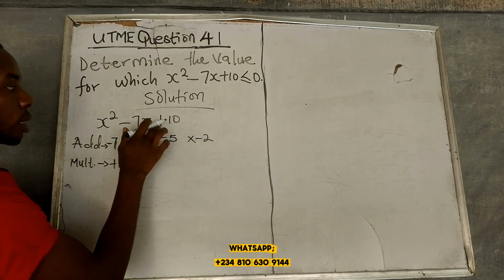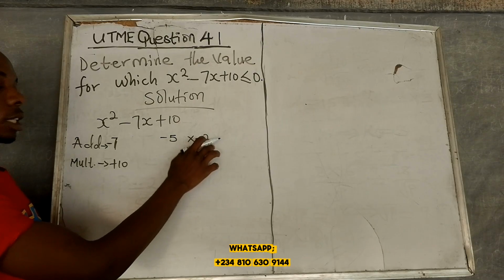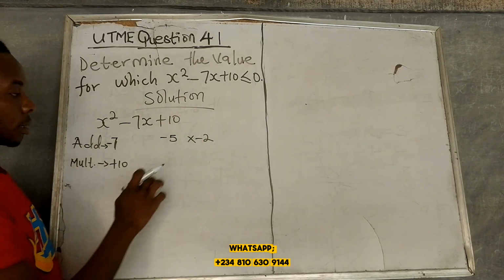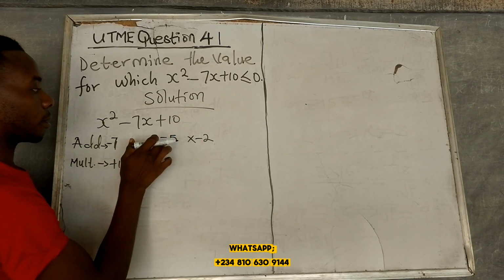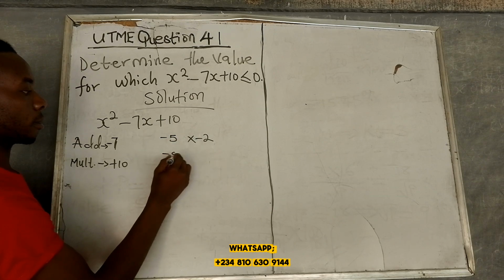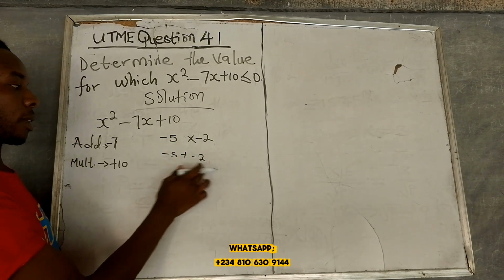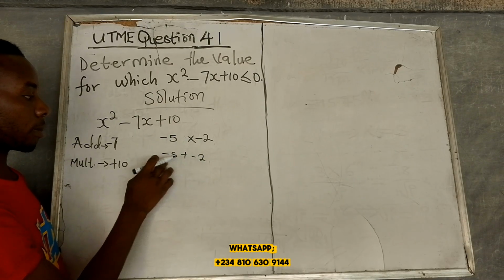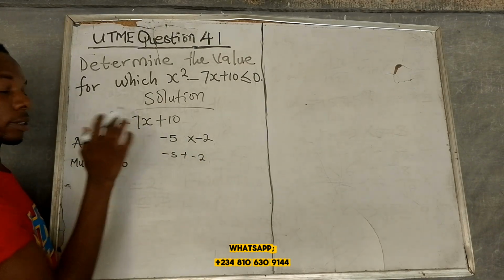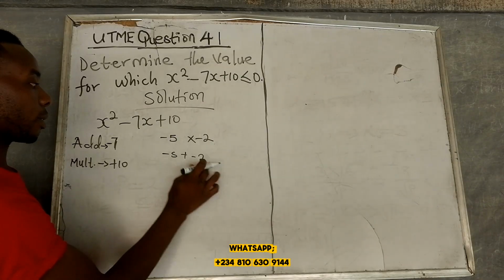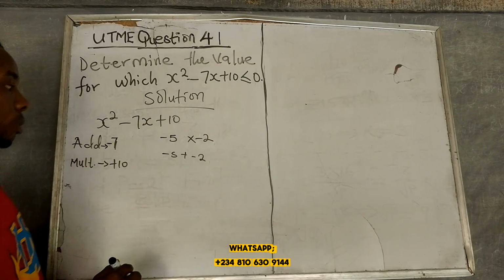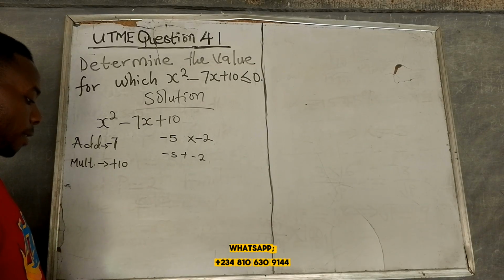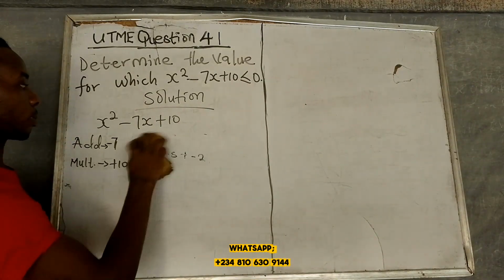Minus times minus will give us plus. 5 times 2 is 10, right? Then minus 5 plus minus 2, plus minus will give us minus. So minus 5 minus 2 is minus 7. So it is minus 5 and minus 2.